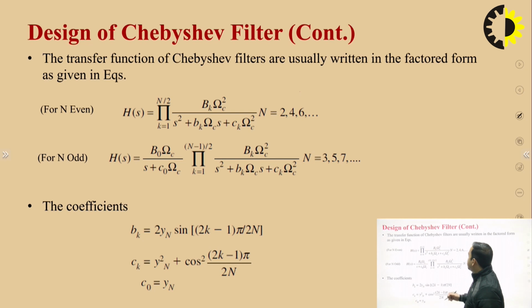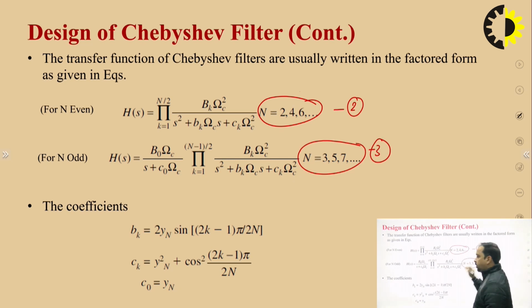This is equation number 2, which is for n even, whereas equation number 3 is used when the filter order is odd. So on the basis of our last equation, we can write down which transfer function suits our Chebyshev filter.